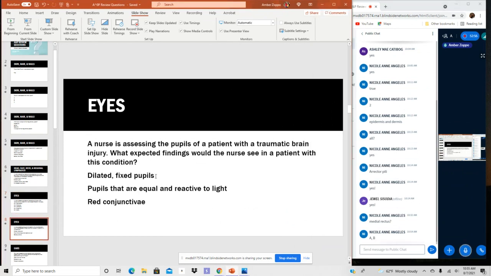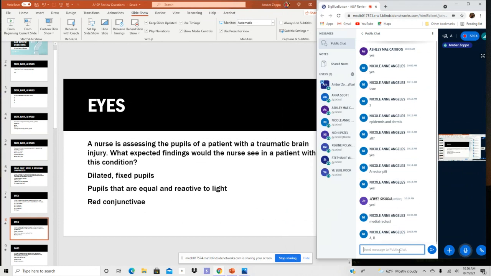A nurse is assessing the pupils of a patient with a traumatic brain injury. What expected findings would the nurse see in a patient with this condition? Will they have dilated fixed pupils? Will they have pupils that are equal and reactive to light? Or will they have red conjunctivae? What do you guys think?